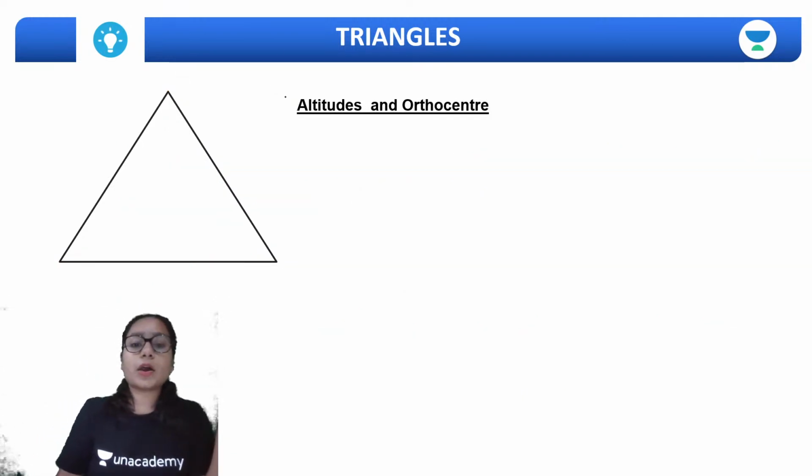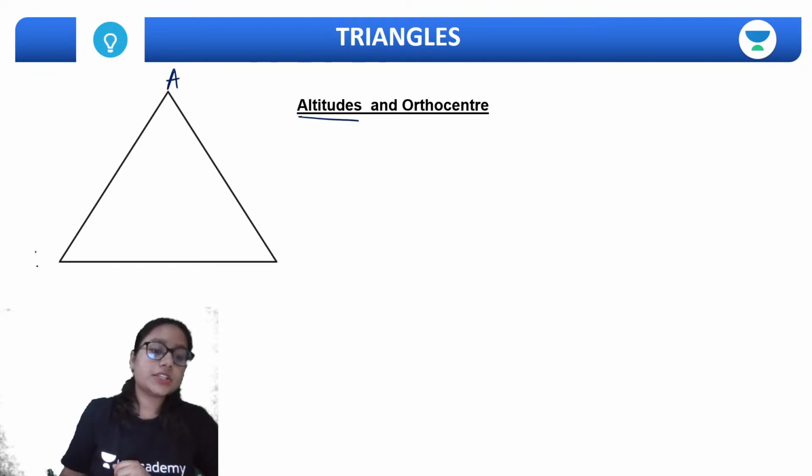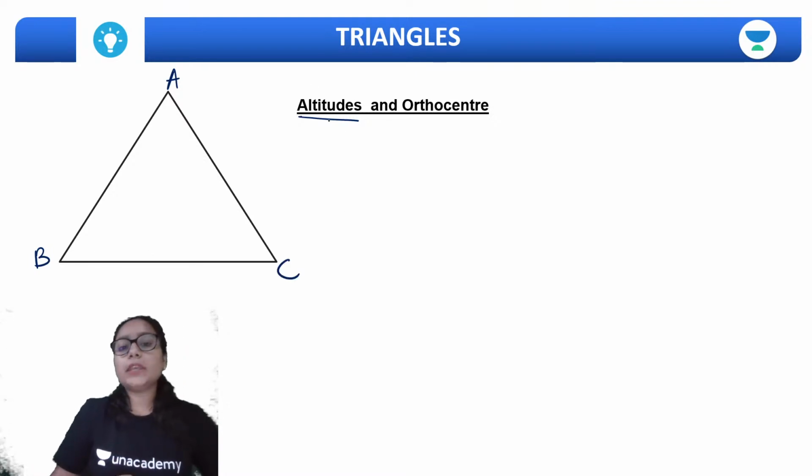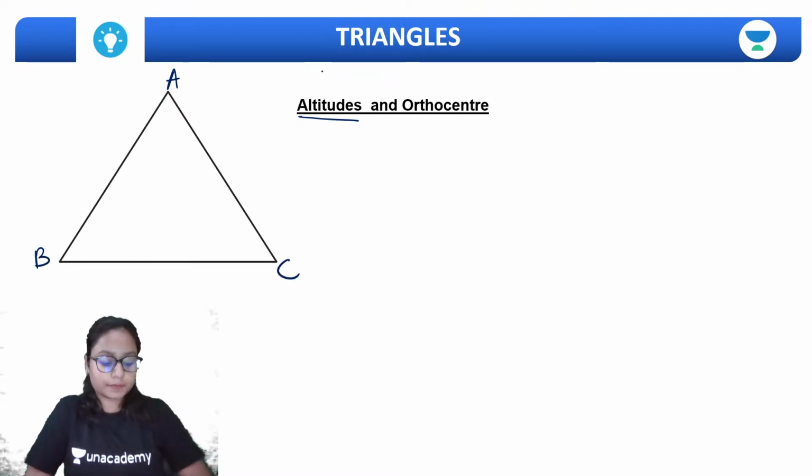Now let us discuss altitudes and orthocenter. Please tell me what is an altitude of a triangle. If I have this triangle ABC, what do you mean by the altitude of a triangle?